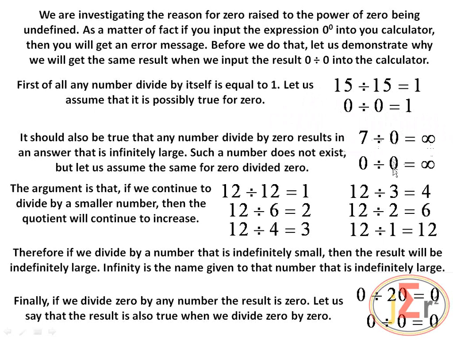Dividing by 0 here again, but we are dividing 0 by 0. Indefinitely large. No problem. Here we go again. If we divide 0 by any other number, the result is 0. So here is 0, and we are dividing by some number. We expect that the result is 0 also.